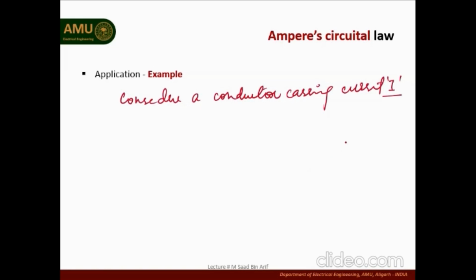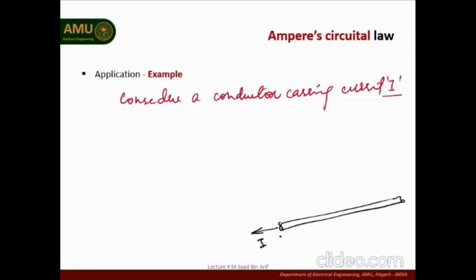We have a conductor. Let us take the conductor like this. This conductor is carrying current I. The direction of current is like this.